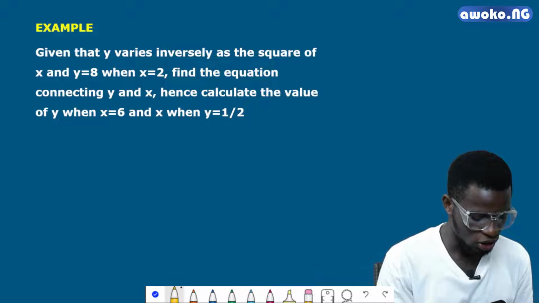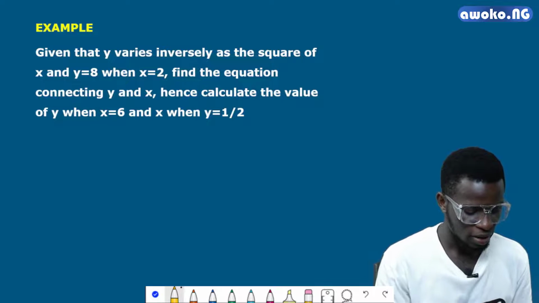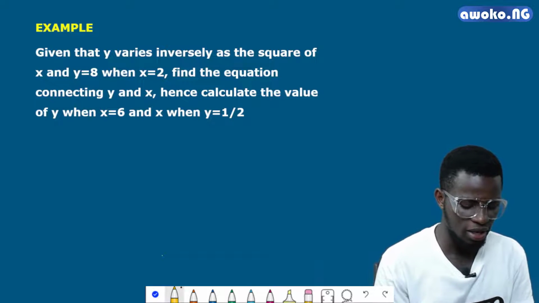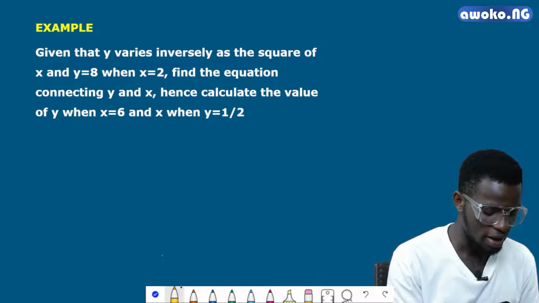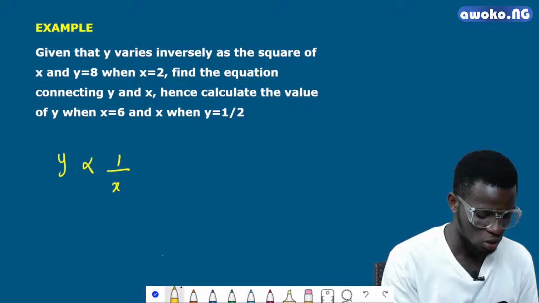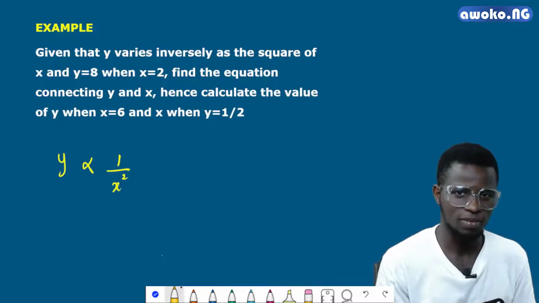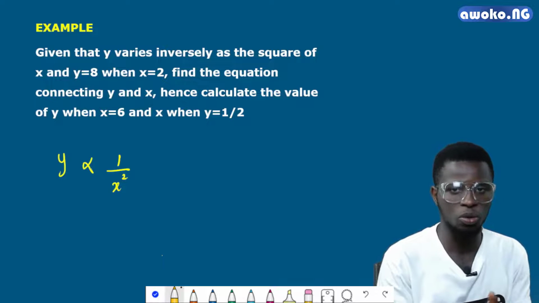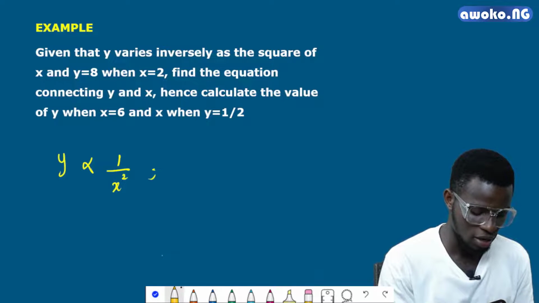The question is: given that Y varies inversely as the square of X. That is the relationship. Of course, we are going to remove the variation sign and introduce the equality sign. So we have that Y is equal to K over X squared.